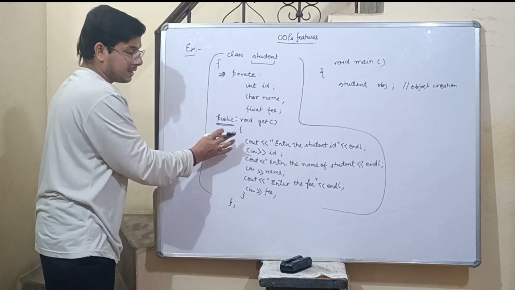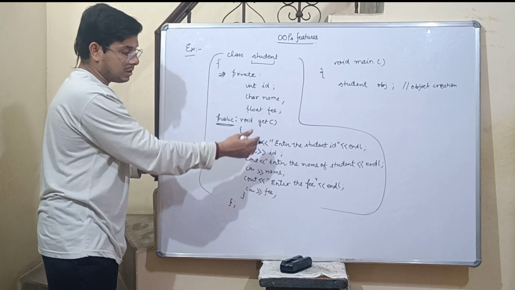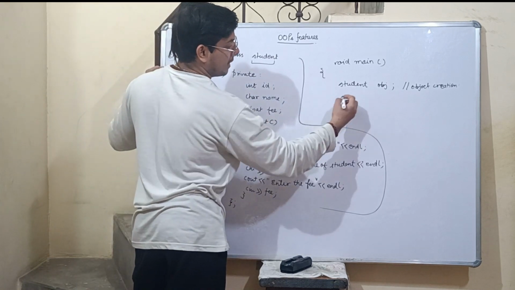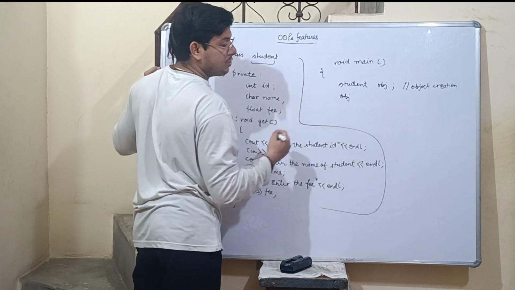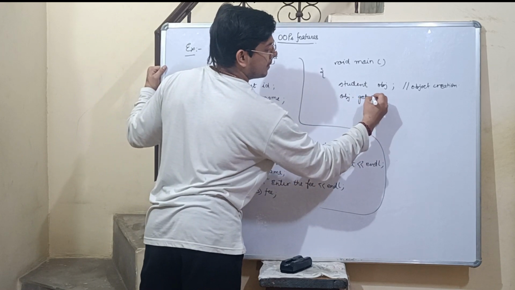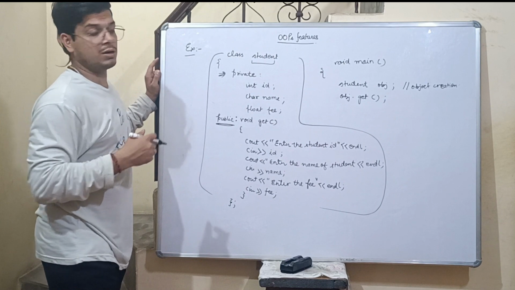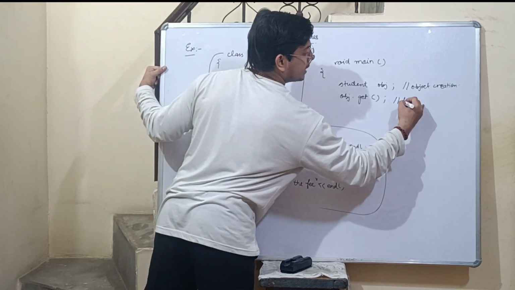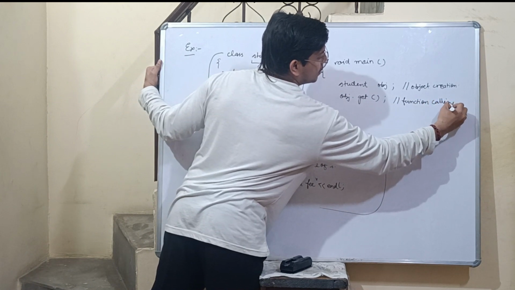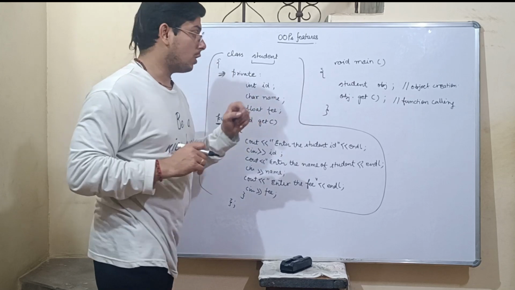So we are accessing this, and this function will call all the variables which are taking input and output. How will we do that? We will write object dot get, and the function will be called. So what is it? It is function calling.